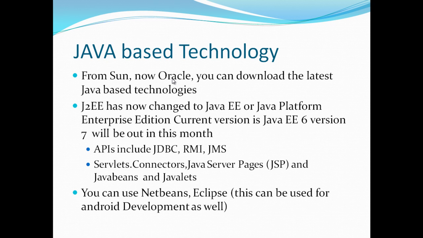The current version is Java 6, I believe, and Java 7 is due to come. This includes JDBC, RMI and JMS messages, then servlets, Java Server Pages, JavaBeans and applets.